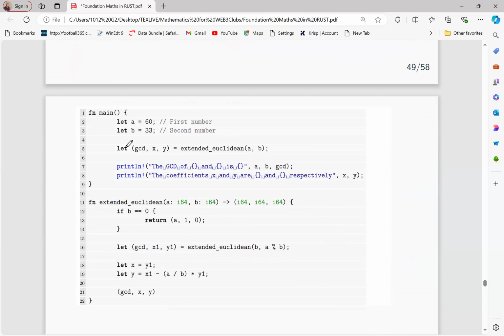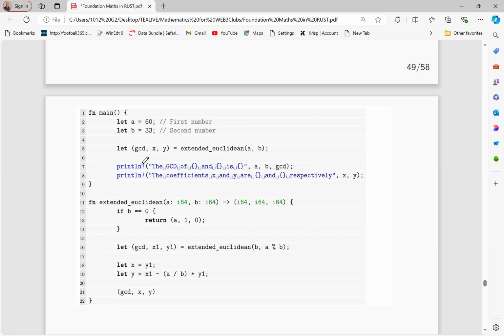Yes, here it is. The main function, you have the two numbers. The first number, I call it A. The second number, let it be B, which is that 3 in this case.